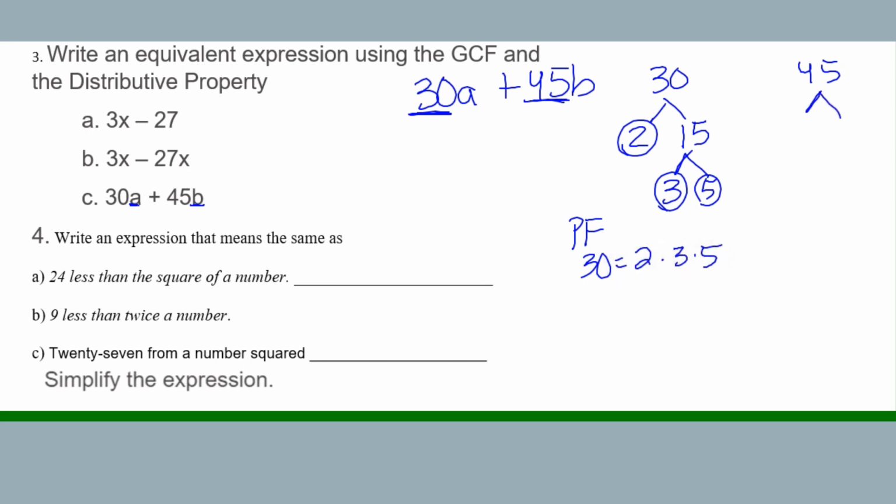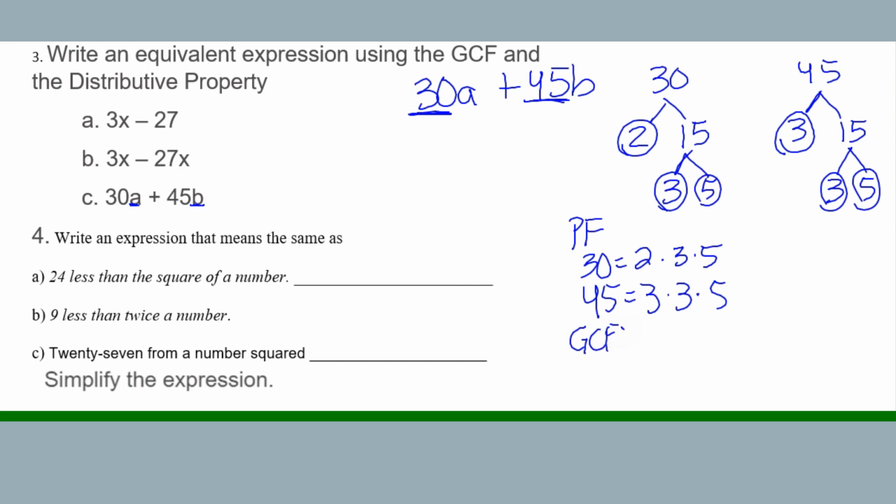Now I need the prime factorization for 45. 3 times 15 will give me 45. So 3 is a prime number, so I circle it. The only factors are 1 and itself. And 2 factors to make 15 are 3 and 5. So the prime factorization for 45 is equivalent to 3 times 3 times 5.